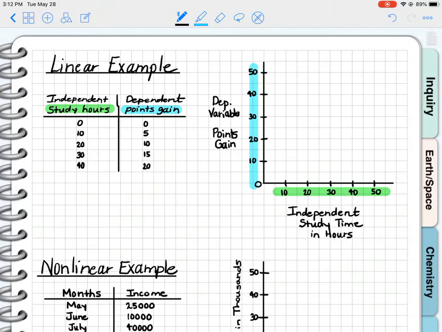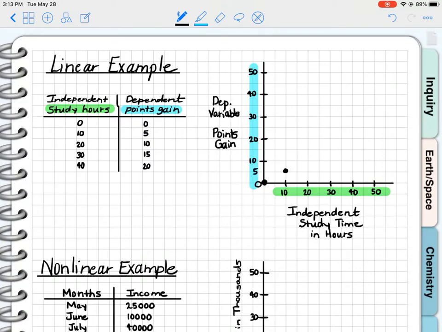So the first point that I need to plot is 0, 0. That's 0 study hours and 0 points. In other words, if I don't study, I'm not going to get any points. If I do 10 hours, I can expect to get 5 points. So 10 hours up to 5.